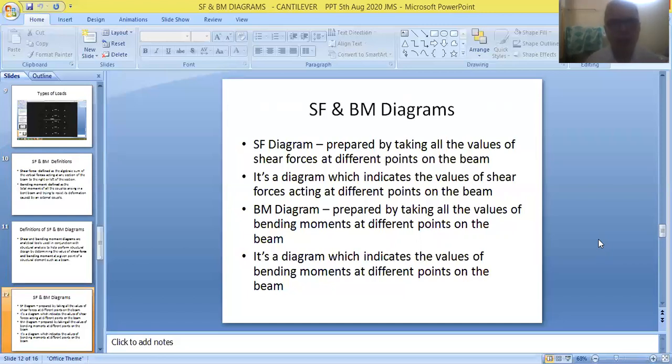So friends, we can actually talk about SF and BM diagrams in this particular slide.